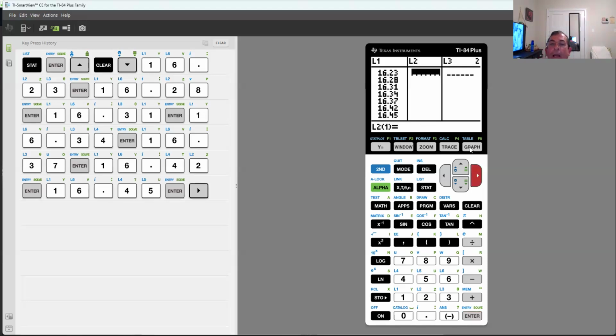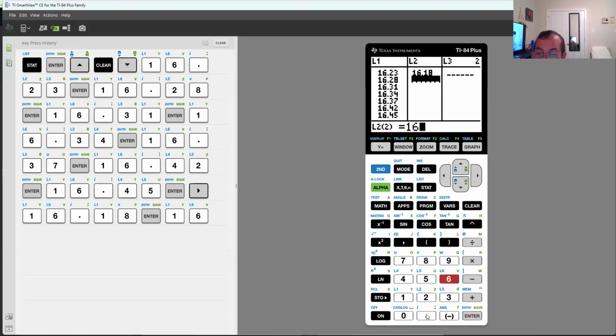Now I'm going to arrow right and get into the L2 column. So there's my 7 for B. So this one had 16.18. Enter. 16.21. Enter. 16.23.